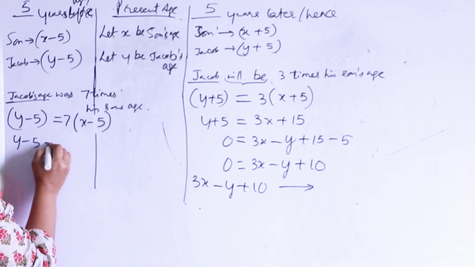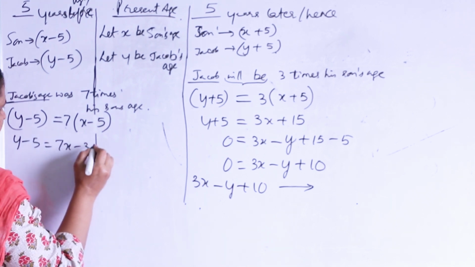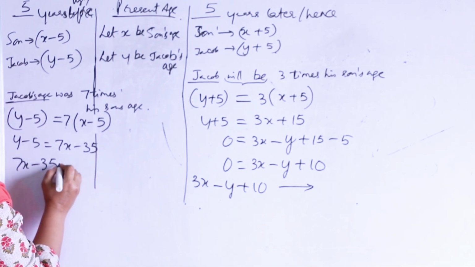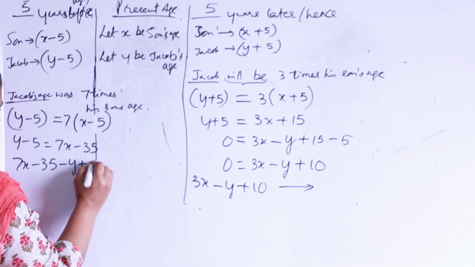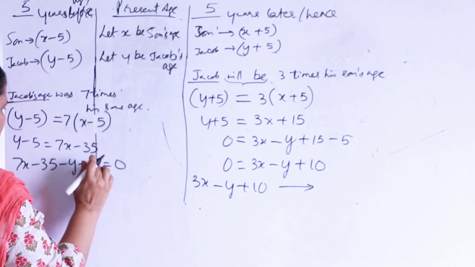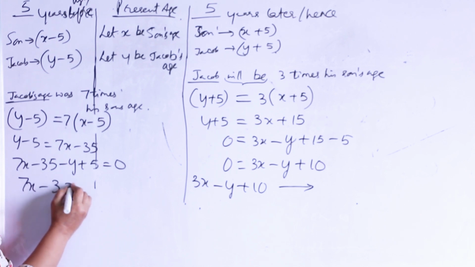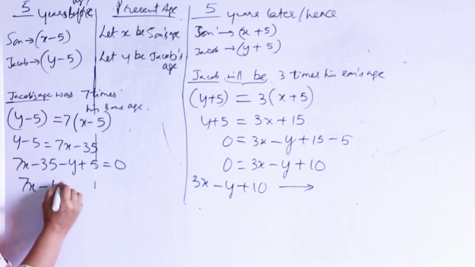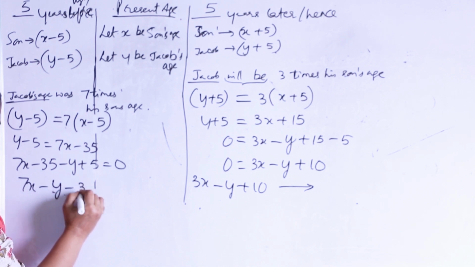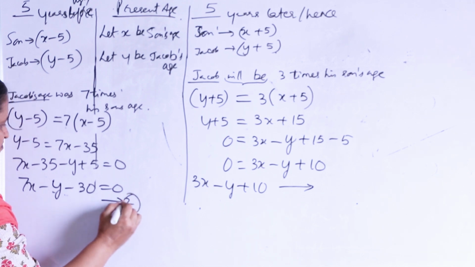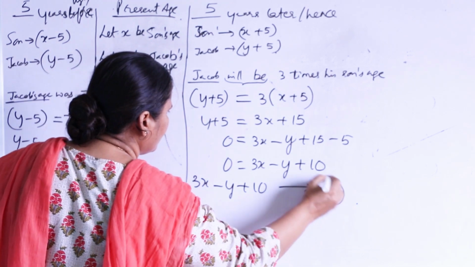Simplify, you will get another equation, 35. So you have 7x minus 35 minus y plus 5 equals 0, so 7x minus y minus 30 equals 0. Equation 2. This is equation 1.